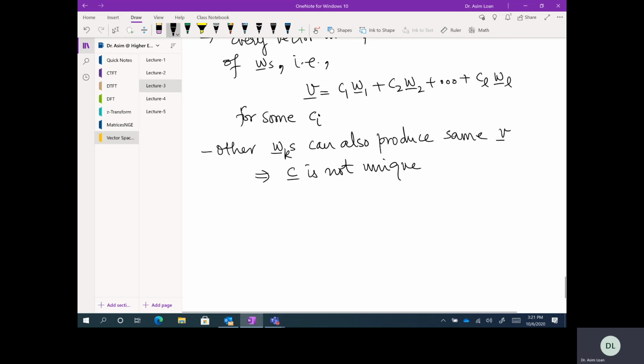Okay. What about the bases? What are bases? And then dimension.